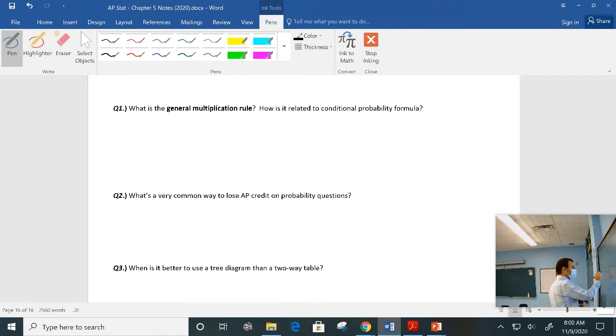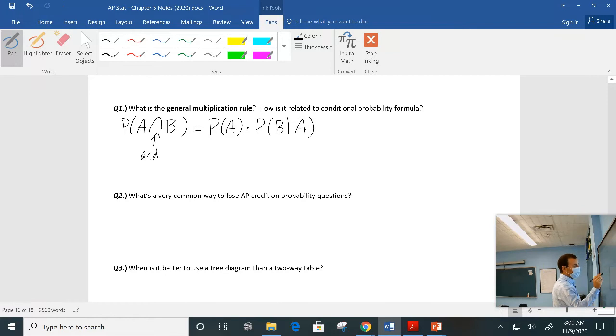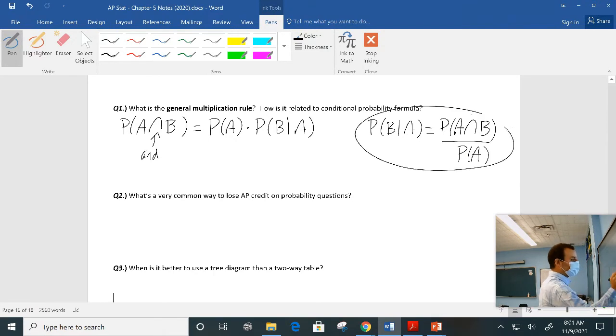Your general multiplication rule, the probability of A and B, remember, that represents the word and, it's our intersection symbol, is equal to the probability of A times the probability of B given A. And this formula is on the formula sheet, just written as your conditional probability formula, which looks like this: the probability of B given A is equal to the probability of A and B over the probability of A. So you'll see it on the formula sheet in this form, but it's the exact same formula, just solved for different things. Okay, so we know it's the same formula expressed differently.